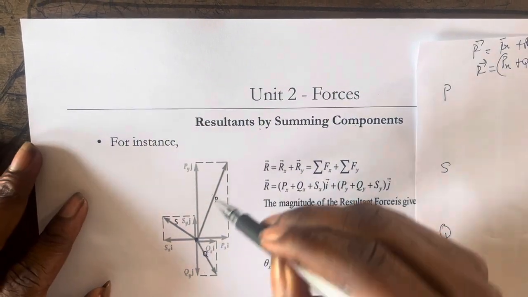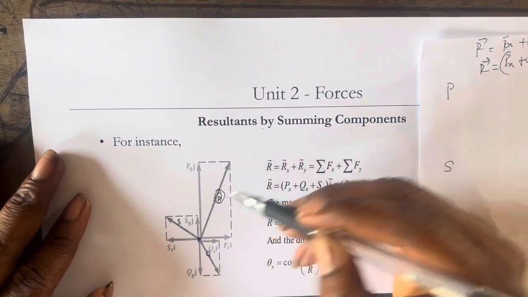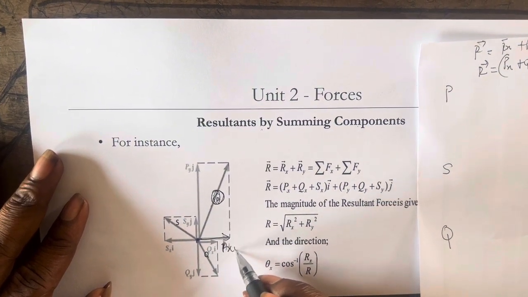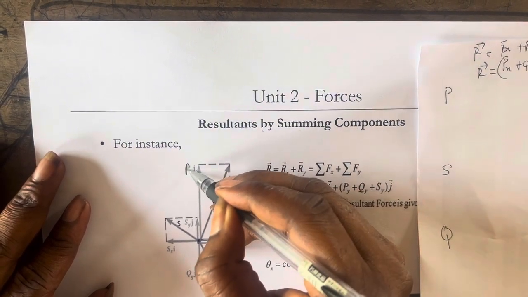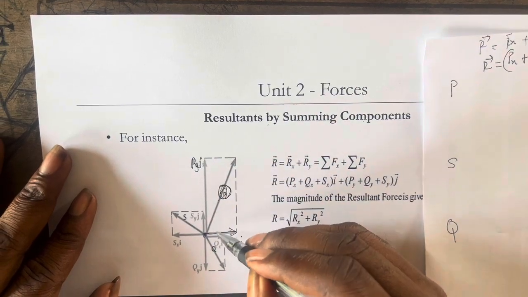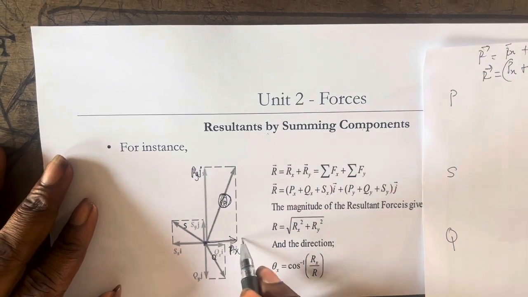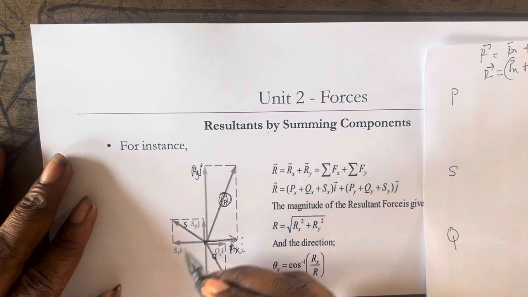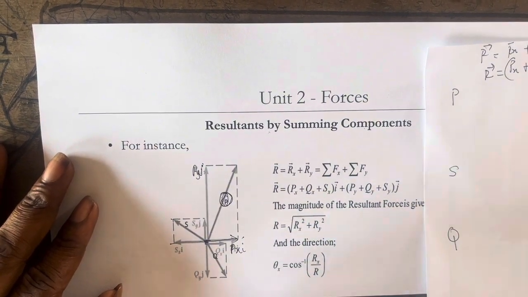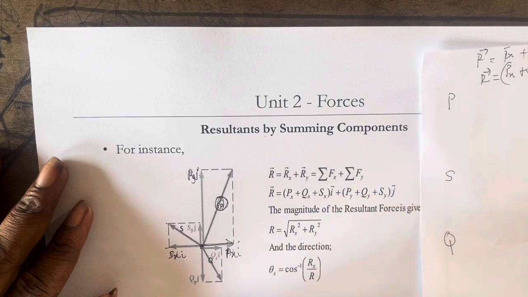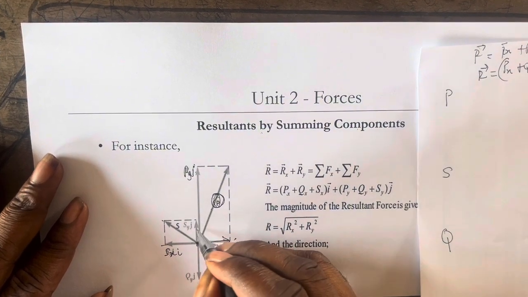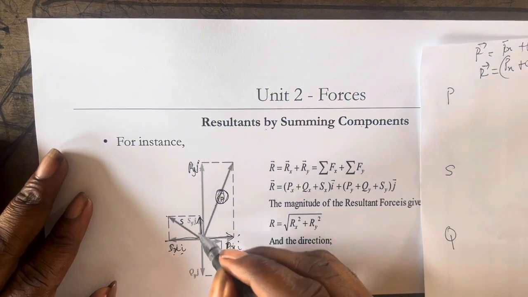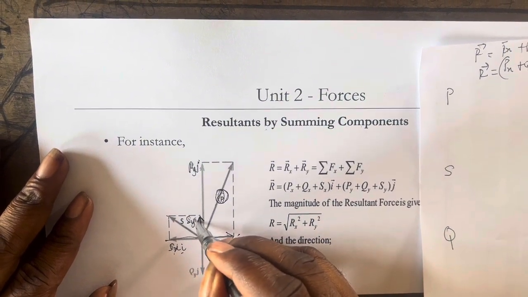Now, our problem here is for us to look at the forces. So this is a force P that is acting on the body. And this force P has been resolved into Px i, and Py j. So the force P here was resolved into the horizontal component and the vertical component. This was force X. It was resolved into the horizontal component Xx i, and the vertical component, which is Xy j.